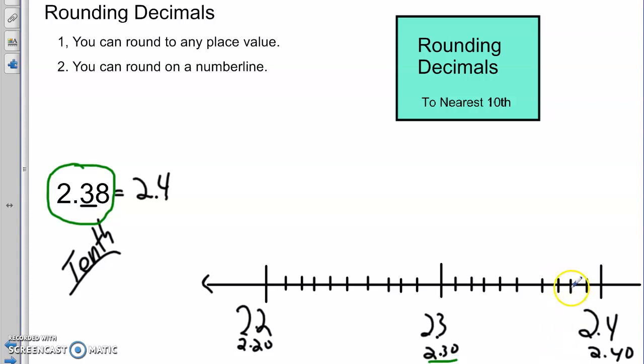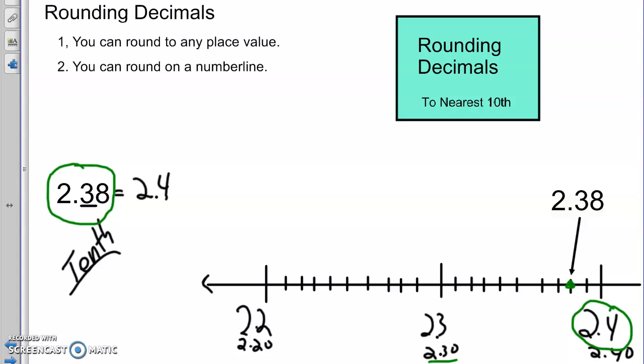So 2 and 38 hundredths is going to be right here. By showing this number on a number line, we're recognizing that it is clearly closer to the 2 and 4 tenths there.